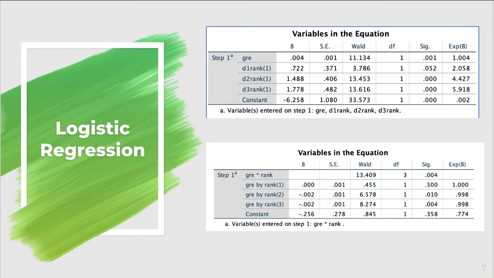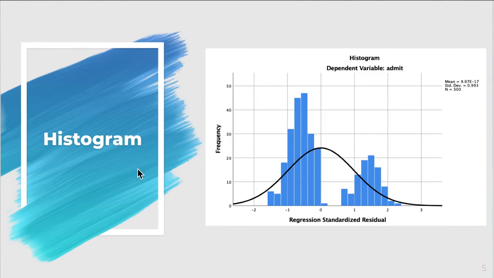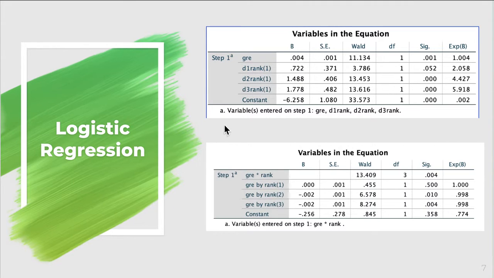D1 has rank 2 coded as 1, so if our rank is 2, an individual has a 27.8% chance of being admitted into higher education. D2 has level 3 coded as 1, so if our rank is 3, you have a 48% chance. And D3 has 4 coded as 1, so if our rank is 4, the individual will have a 78% chance of being admitted.